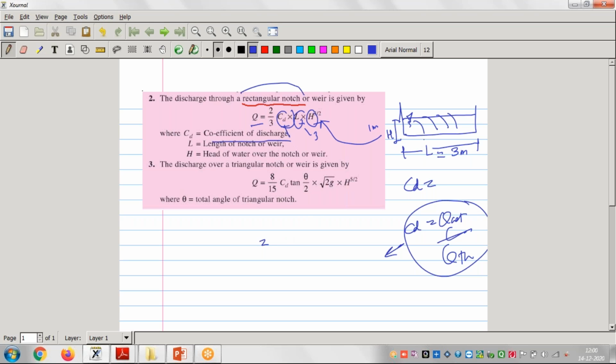So we put this value CD, and we can calculate the discharge Q. So this is one of the methods, that is the hydraulic structure method. So we can calculate the discharge through a rectangular notch, or through a triangular notch, or through a trapezoidal notch. This trapezoidal like this, right?